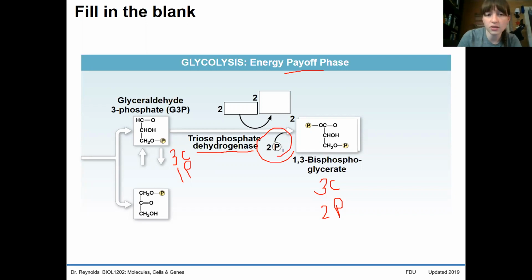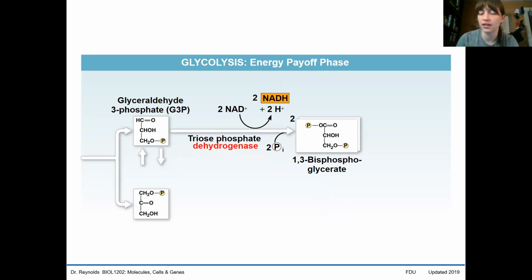So if this is the source of my phosphates, that means that I'm not using ATP. And dehydrogenases don't hydrolyze a molecule of ATP. They reduce a molecule of NAD+ to a molecule of NADH. And in fact, that's exactly what we see here.